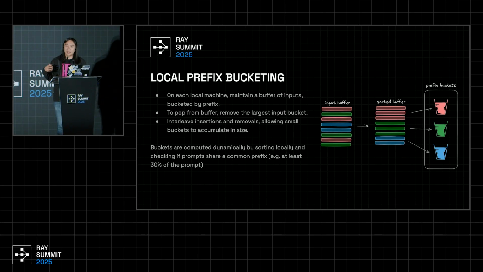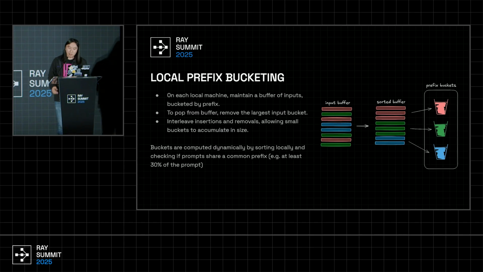Whenever we want a next value to send to an LLM, we pop from the buffer the largest bucket. Additionally, we interleave these removals, these poppings, with insertions into the buckets, such that if you have a smaller bucket, it won't get popped until it accumulates large enough. And so you'll have a large bucket or a large batch of common prefixes.